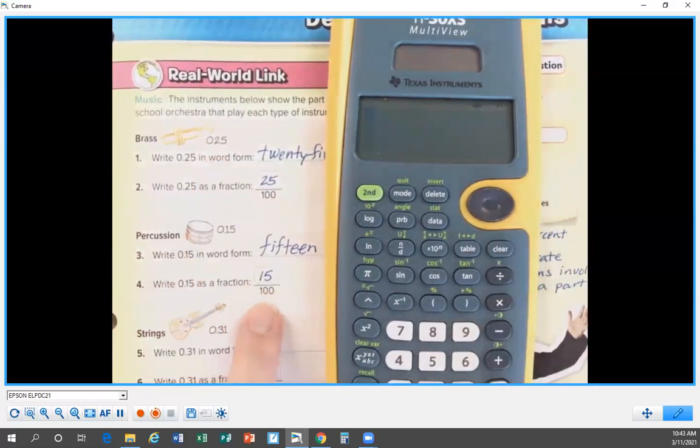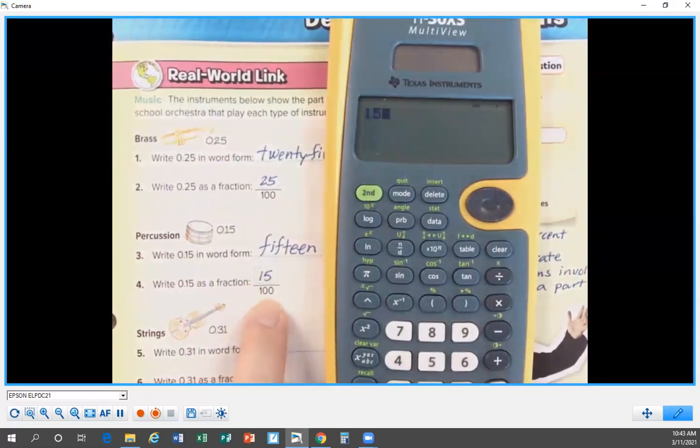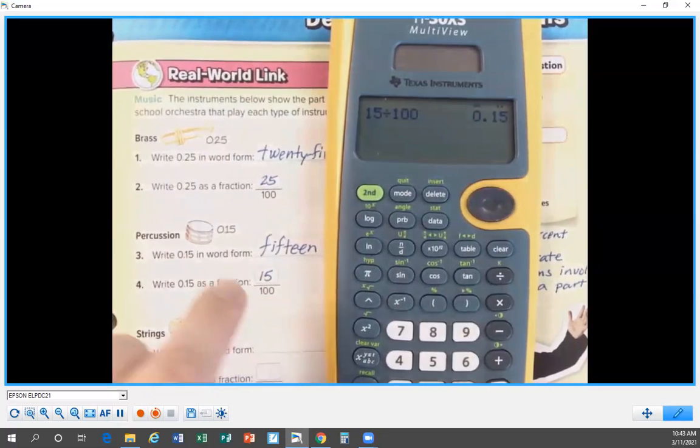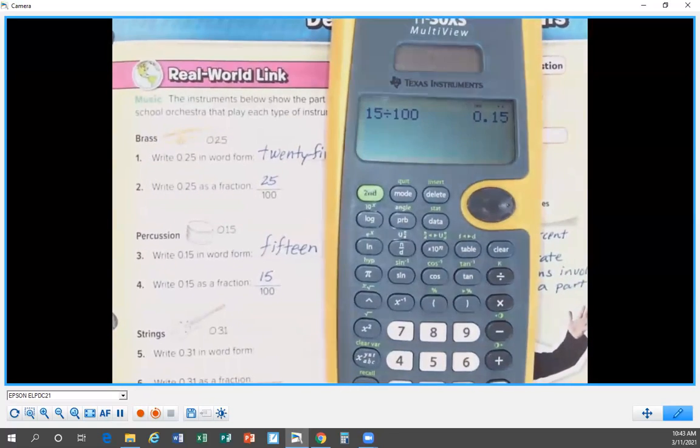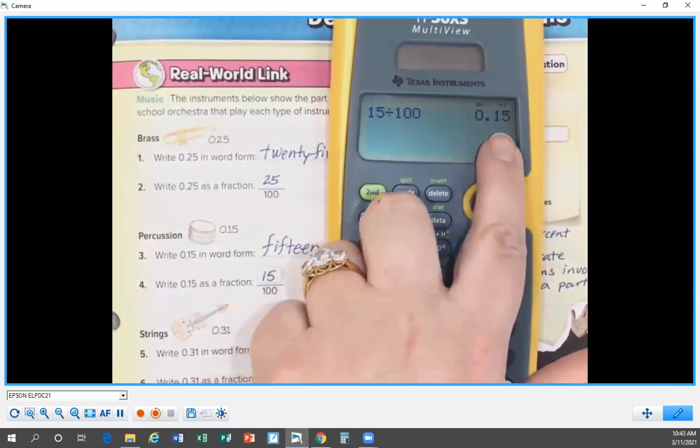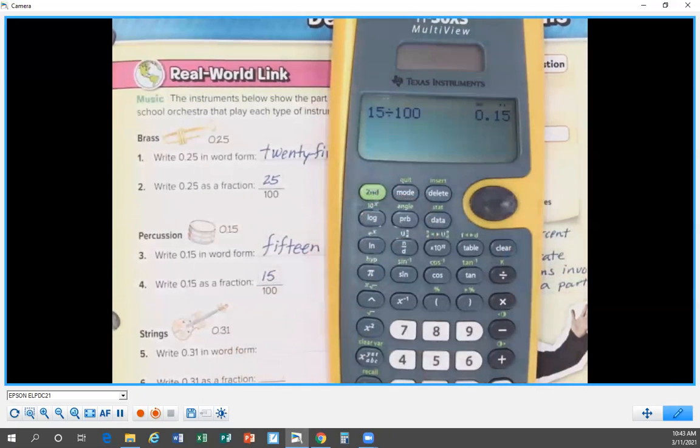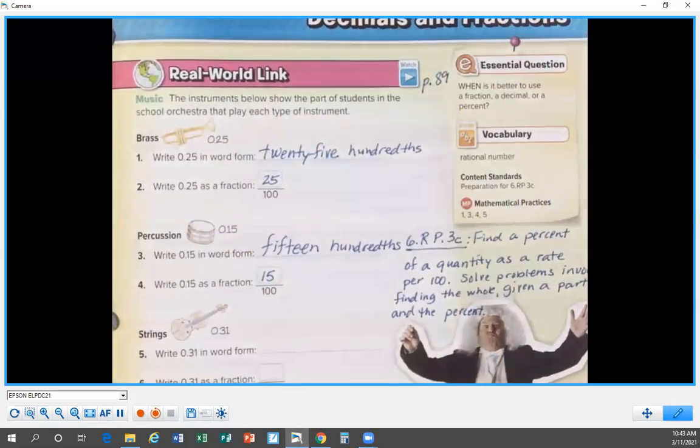And then second problem, 15 over 100. You probably won't need to do this when you read it, but you can check that with a calculator. So there it is as a decimal, 15 hundredths. Again, we're not using the calculator to do our work, but while you're learning on the practice, you can use it to check your work to make sure that you did it correctly.